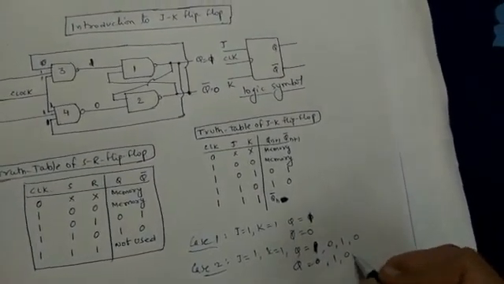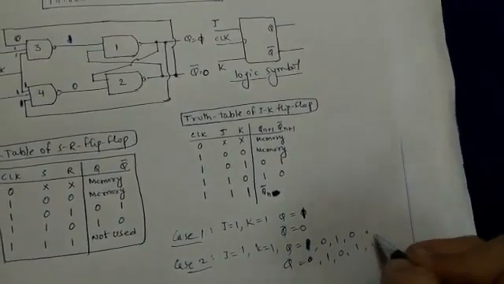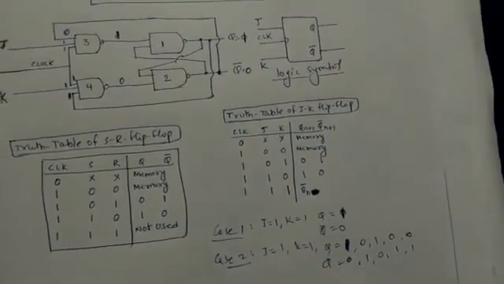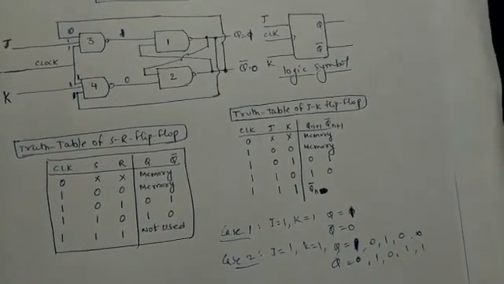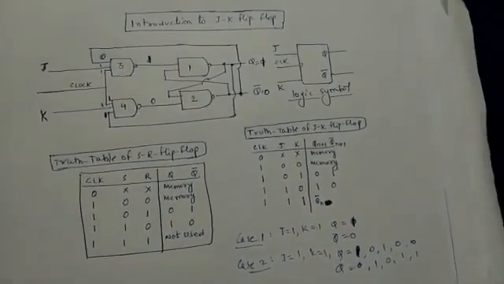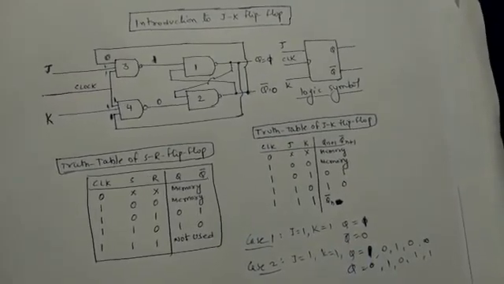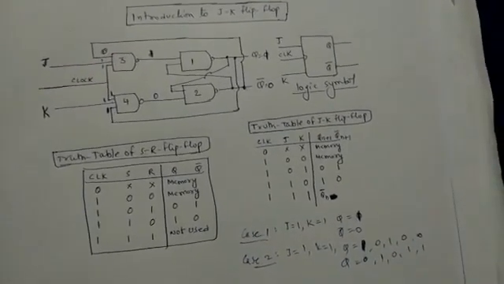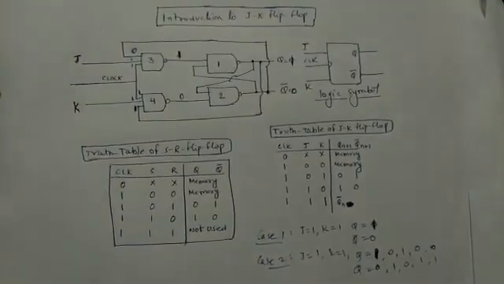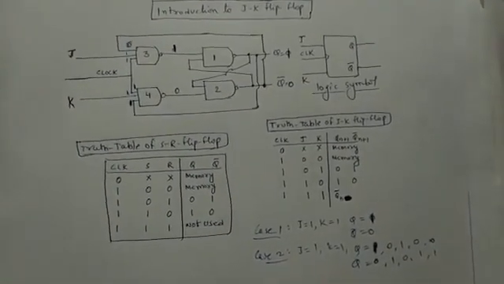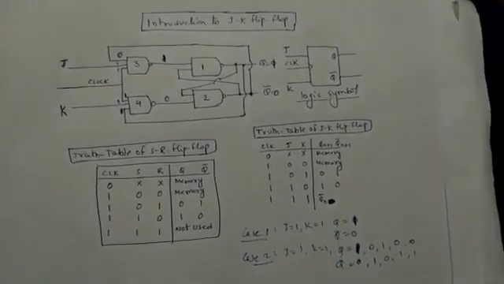So in this way the output is getting toggled, and mainly this toggling is known as the race around condition, and this race around condition is a very important topic which we will discuss later in our presentation on the master slave flip-flop. So this is all about the JK flip-flop. Thank you.